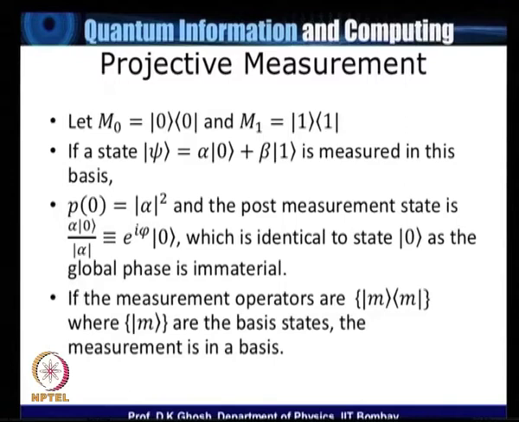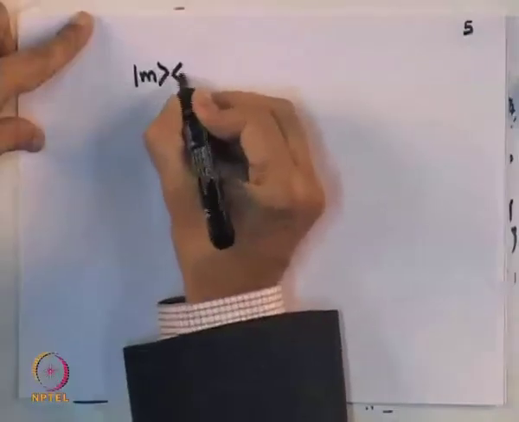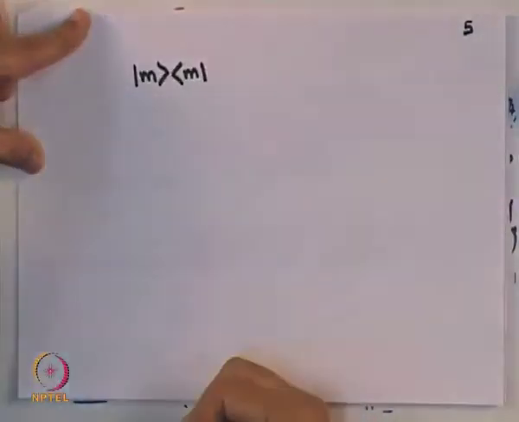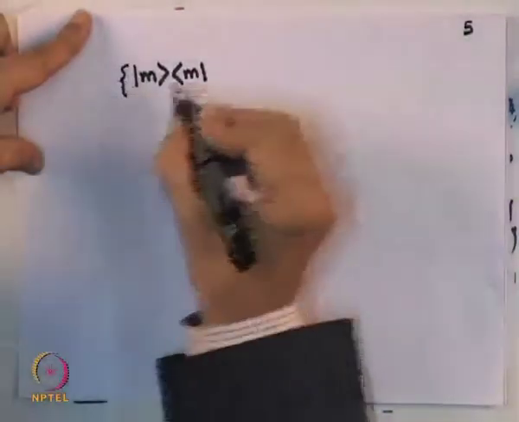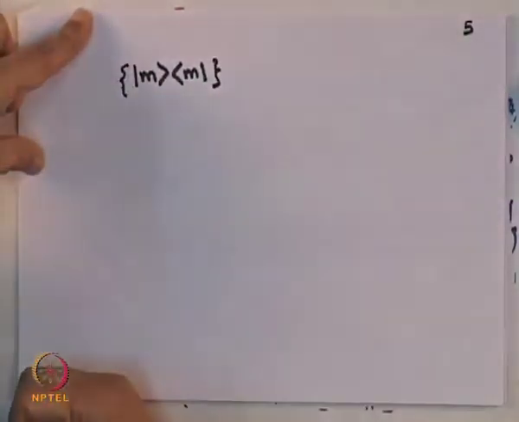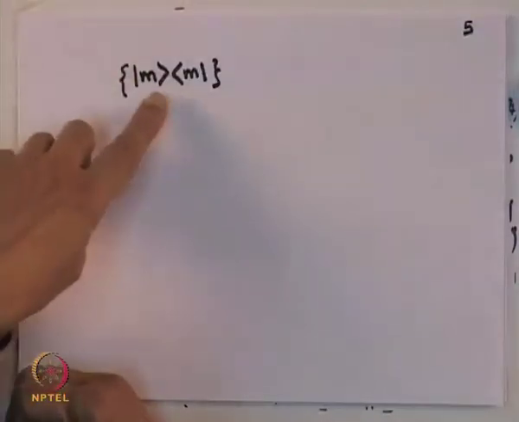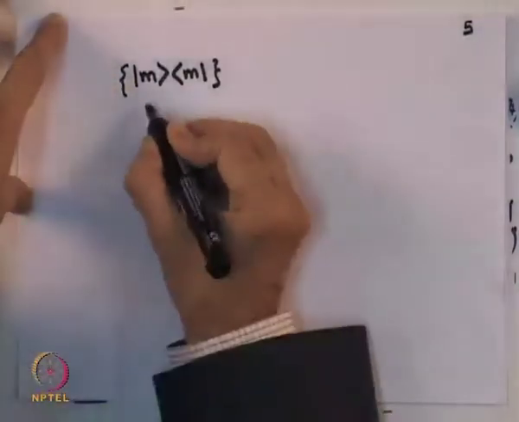A very special case of the projective measurement is when we make the measurement like the example that we gave you, where our measurement operators are M. Just now we gave the example of 0, 0 and 1, 1, and supposing this is in general true, these are the projection operators, where the M's are the basis states.